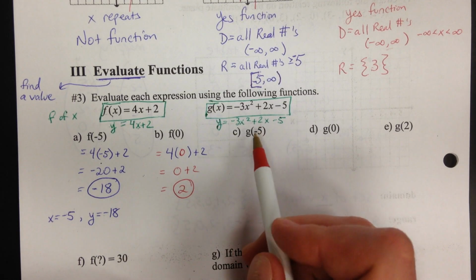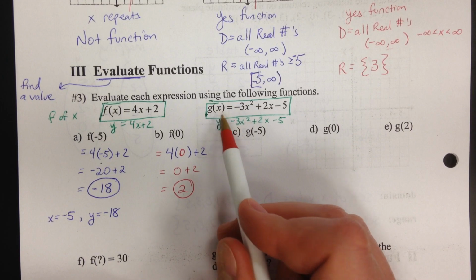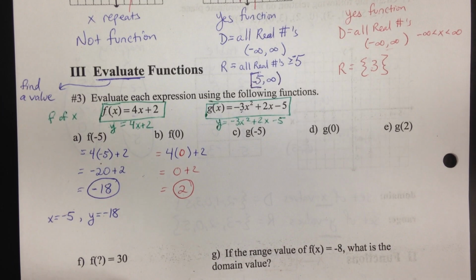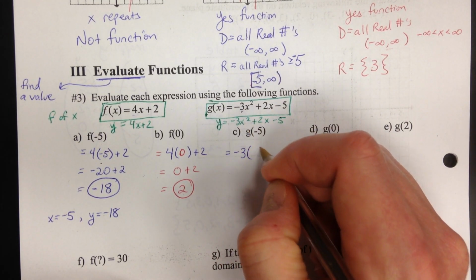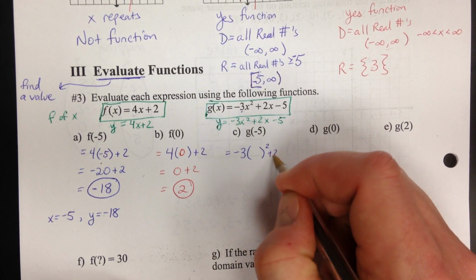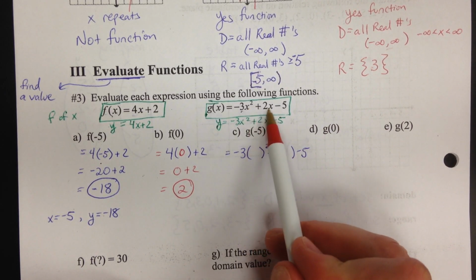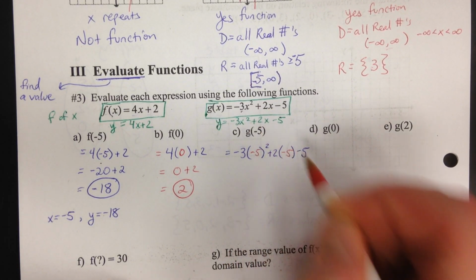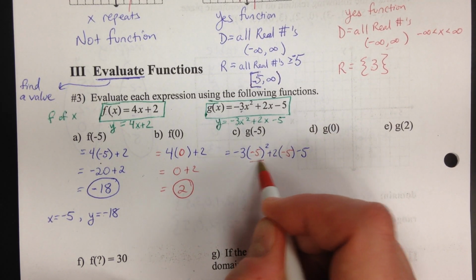G of negative 5. Now notice the letter is different, so now we're going to do the g function. I'm going to copy this down, so it's negative 3 times x squared, and I'm going to put parentheses because I'm going to put a number there instead of x, plus 2 times x minus 5. Since we have two places where we have x's, I'm going to put negative 5 into two different places. Now when we work this out, order of operations, we have to do exponents first.